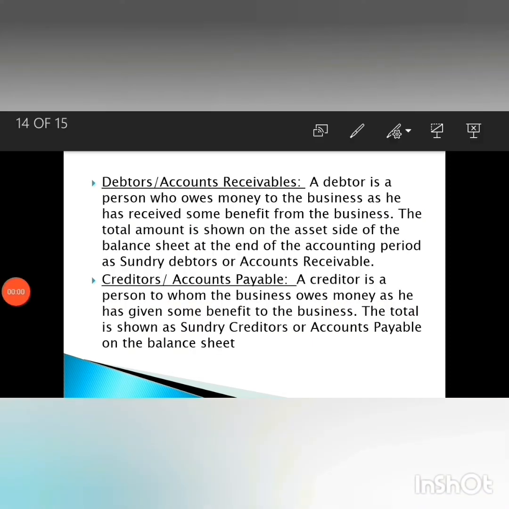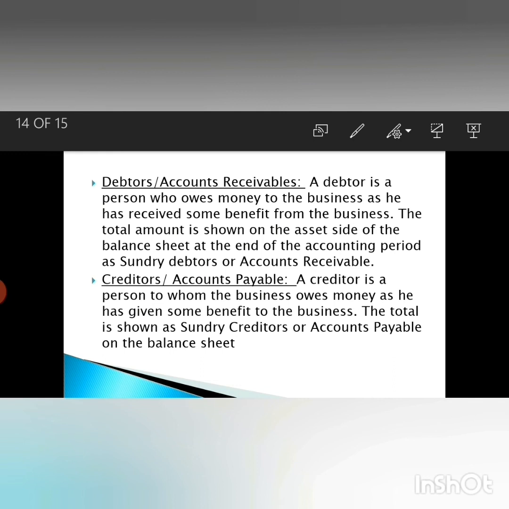Again, debtors or accounts receivable. A debtor is a person who owes money to the business as he has received some benefit from the business. The total amount is shown on the asset side of the balance sheet at the end of the accounting period as sundry debtors or accounts receivable. He has to give money to the business, therefore it becomes an asset to the business.